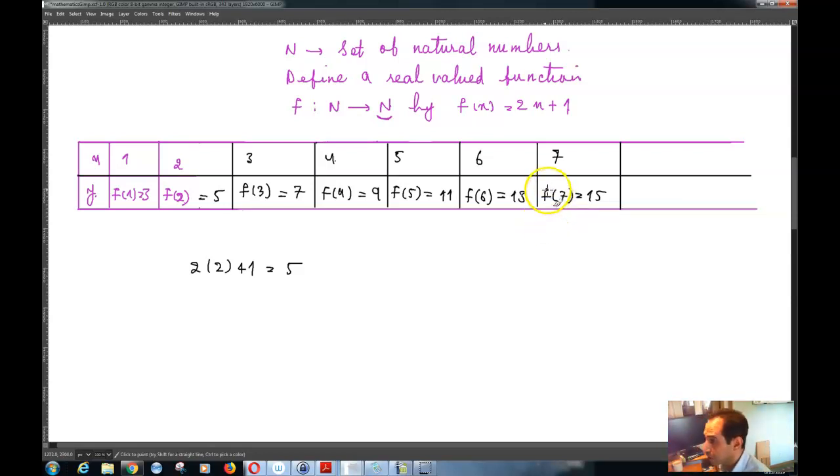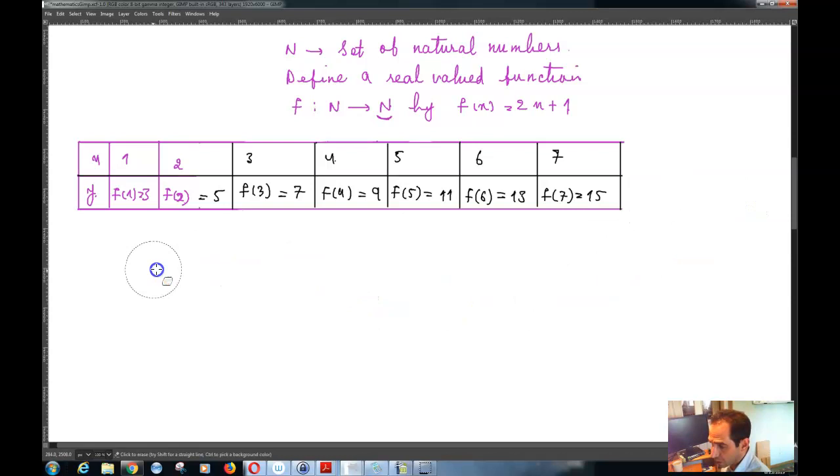So that is now this function, and the domain of this function is the set of natural numbers. The range of this function is the set of natural numbers. And you can call it a real valued function, as opposed to, for example, imaginary numbers or something like that.